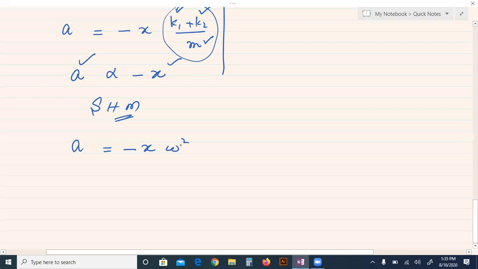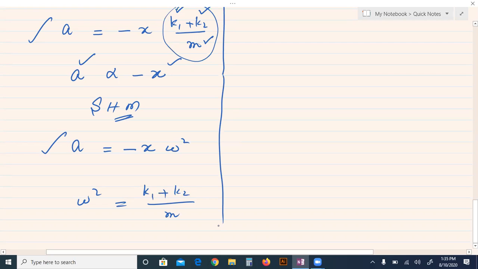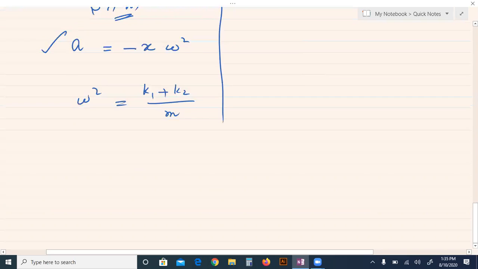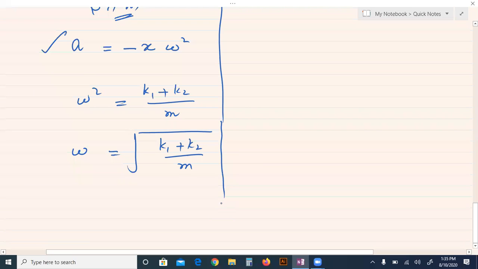Comparing the two equations, omega square is (K1 plus K2) over M, so the angular frequency, the angular speed, omega, is the square root of (K1 plus K2) over M. This is the angular speed of the trolley.